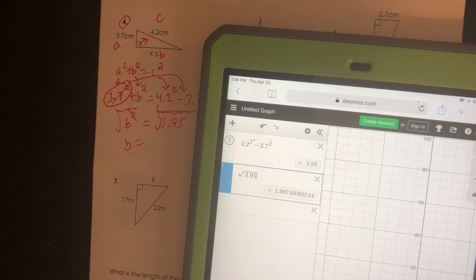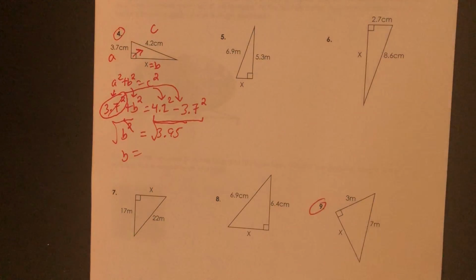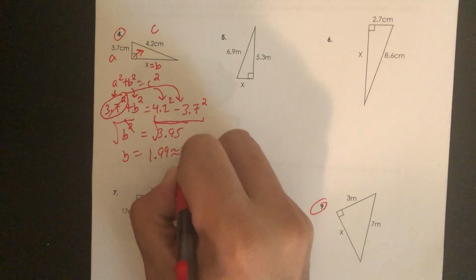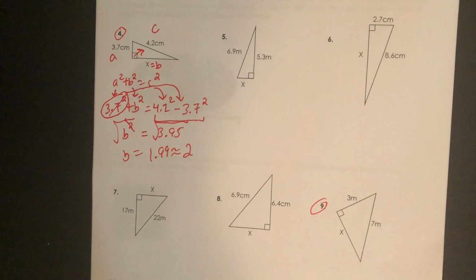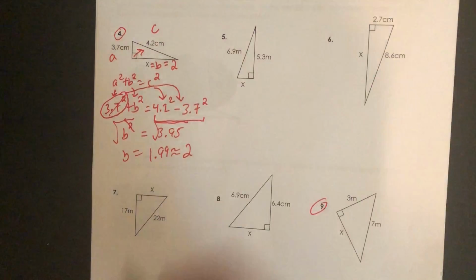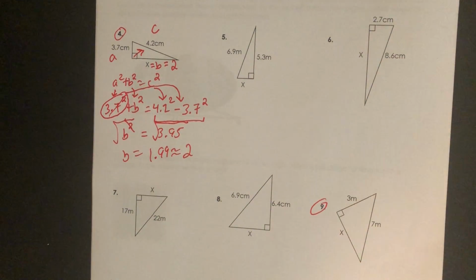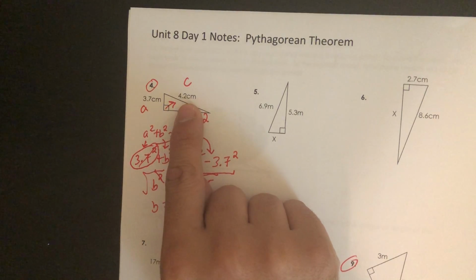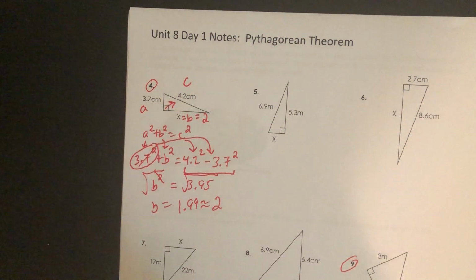So 1.98, and that's just going to round to 1.99. Okay. Or if you just want to round it to 2, that's perfectly fine. Okay. So the missing side or the measurement of the leg is 2 or 1.99. It doesn't matter. And if you notice, we already said that the hypotenuse is the largest side, which it is, and the other two sides are the legs. So there you go.